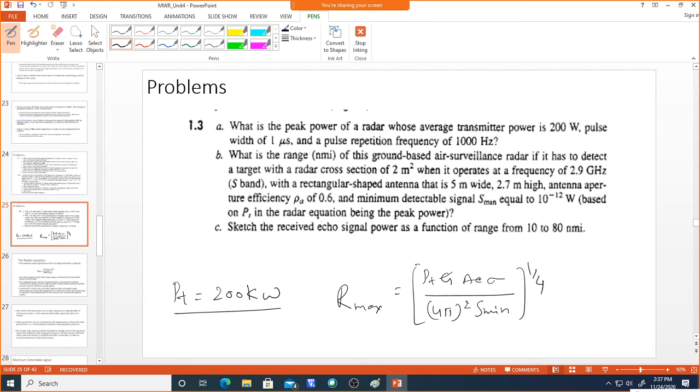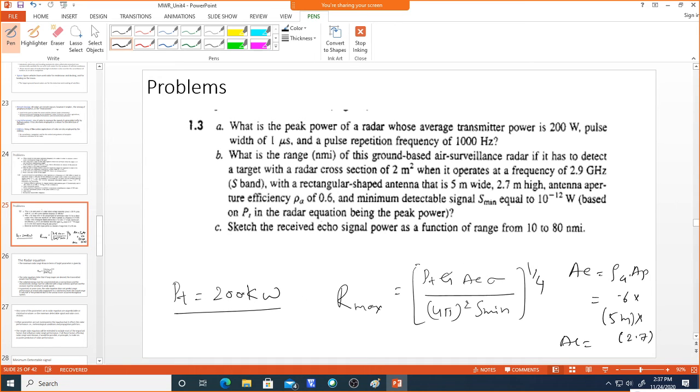For AE you need to find it out by using aperture efficiency into AP. So that will be equal to 0.6 into 5 meter into 2.7. So this is your AE, and sigma is given directly, which is 2 meter square, and 10 power minus 12 is given by the minimum detectable signal.